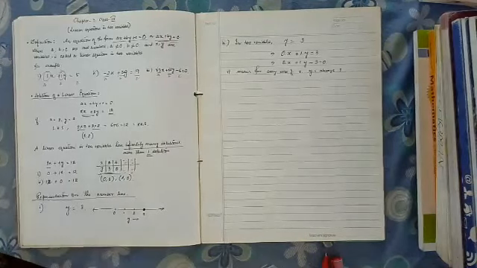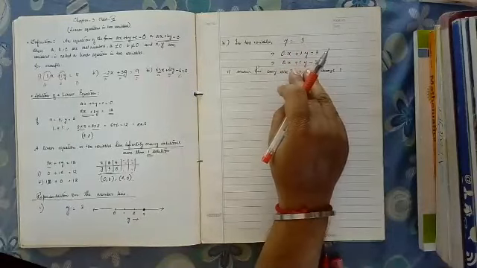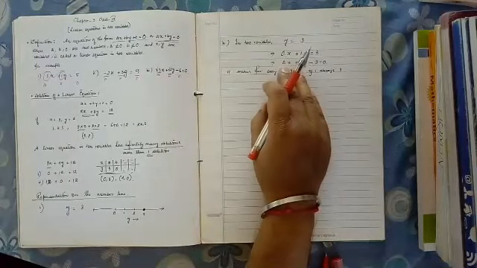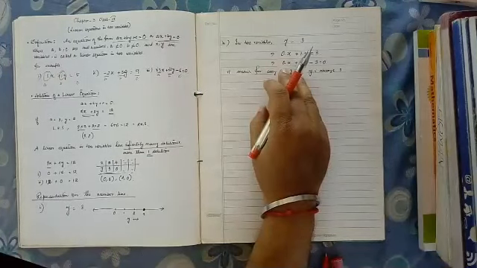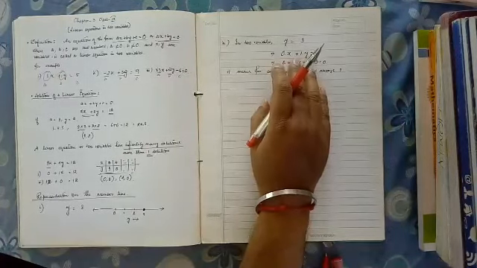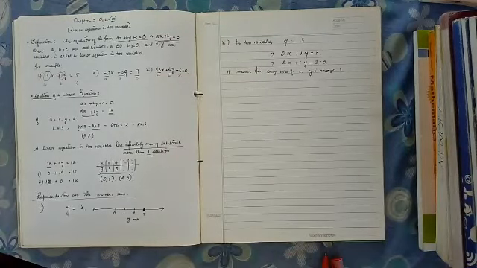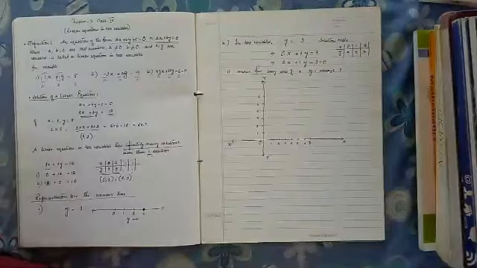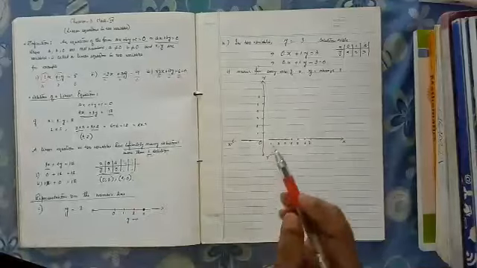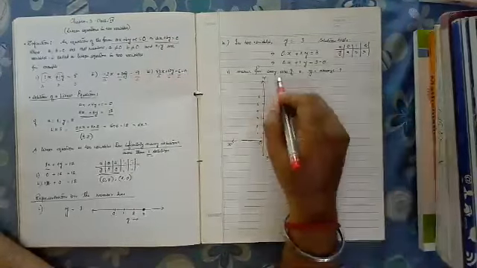Now we have to represent the solution of this equation in coordinate axis. Now how to represent this in the coordinate axis? I am showing you how to represent. Okay. Now first let us make a solution table of this equation.